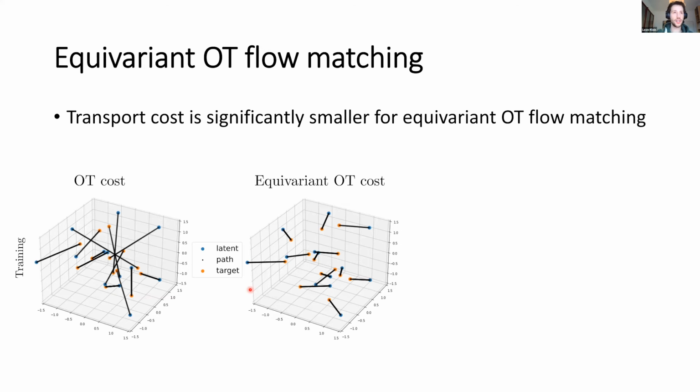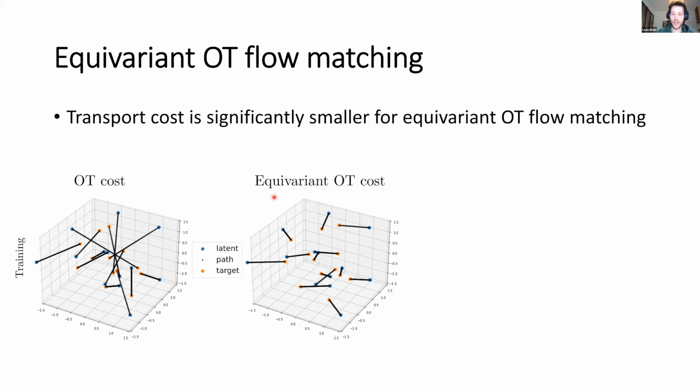So here is an example. On the left, we have a pair which was reordered based on OT flow matching. And then if we only align the permutation and rotation of the samples, already you can see the overall transport cost will be much smaller.